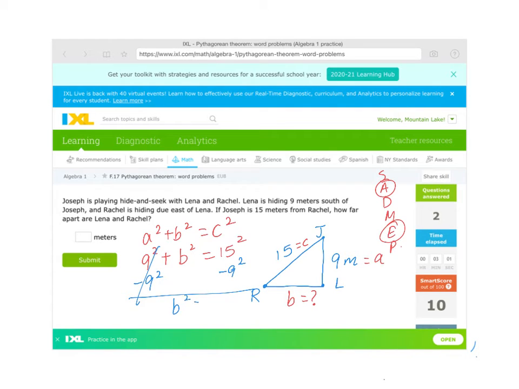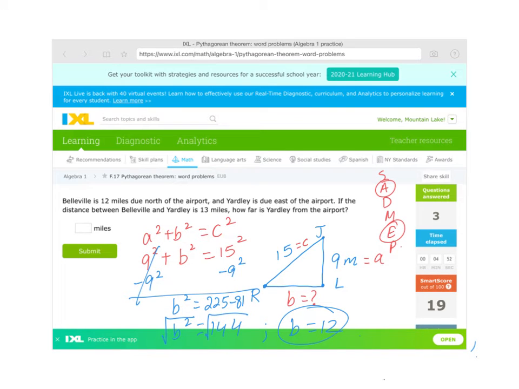So B squared is equal to 225 minus 81. So that is 144. And then we take the square root on both sides. So B is 12. Let's put that in here.